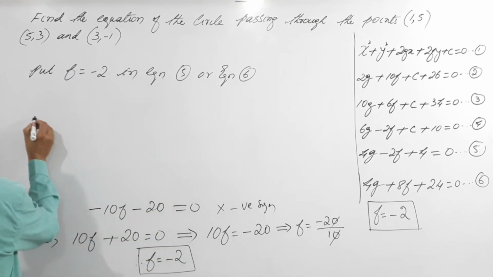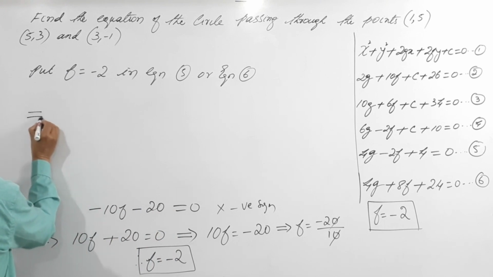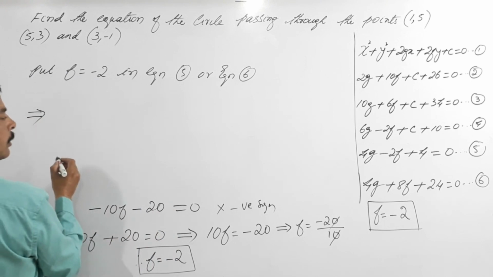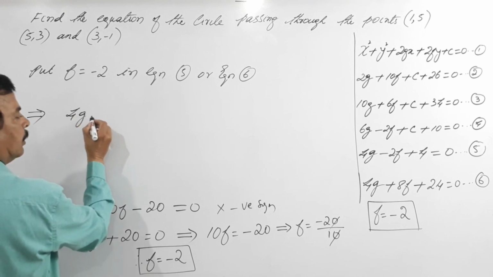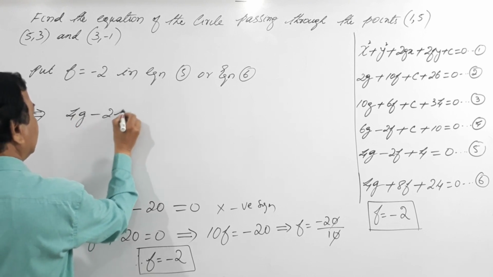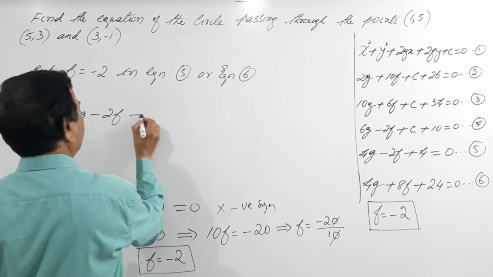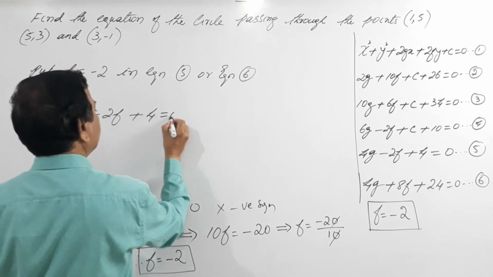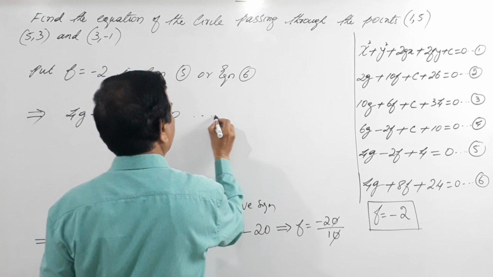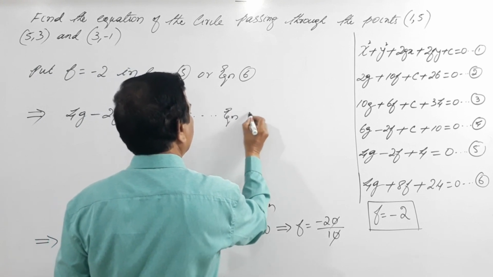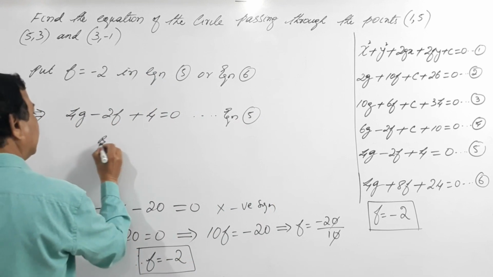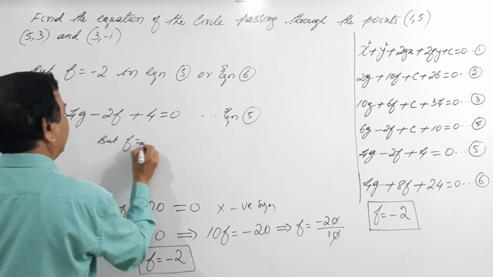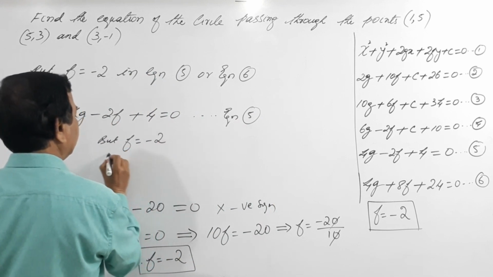So what is equation 5? 4g minus 2f plus 4 equals 0. But f equals minus 2, isn't it?